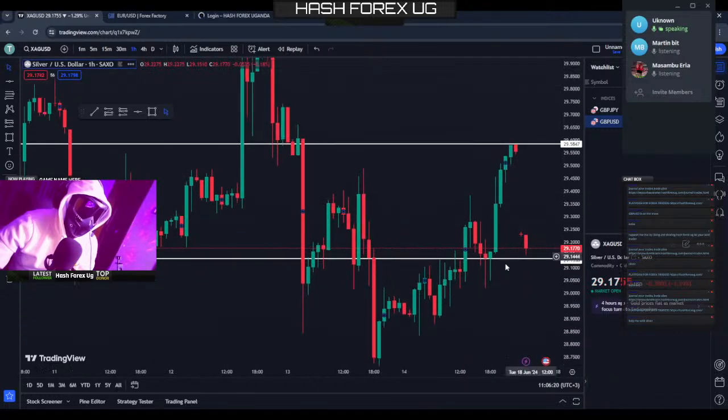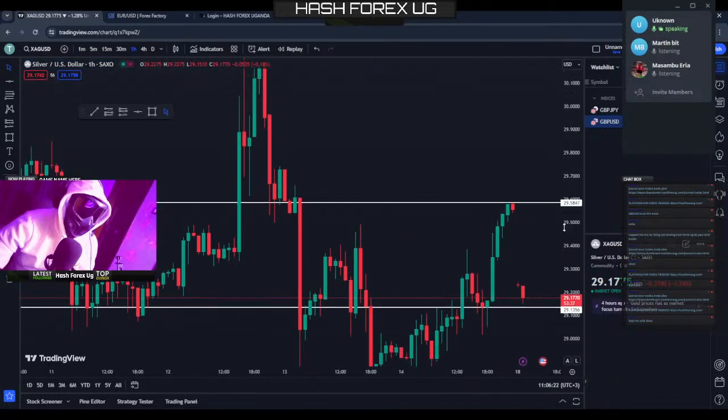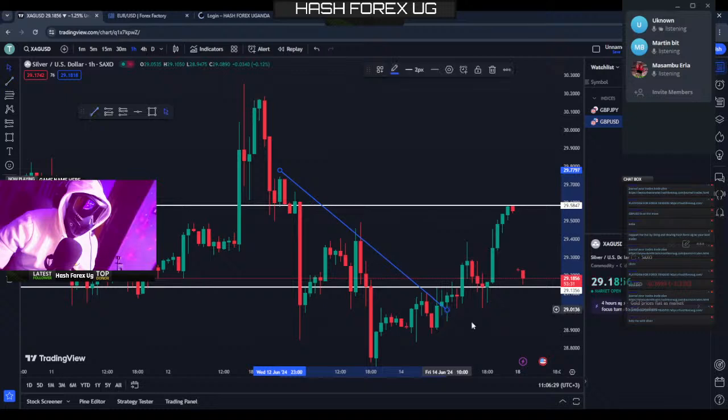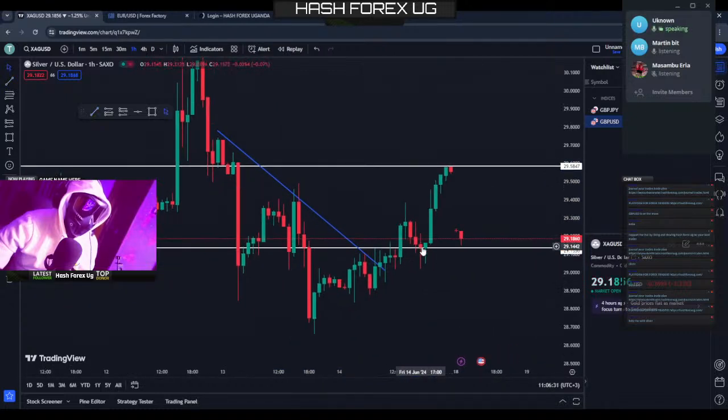So silver, I think we had this downtrend here. We had that downtrend. You're getting this one breaking this level, which is showing you some bit of reversal.